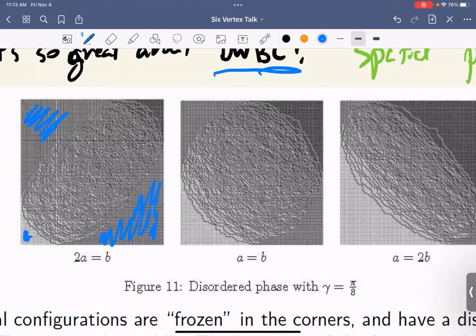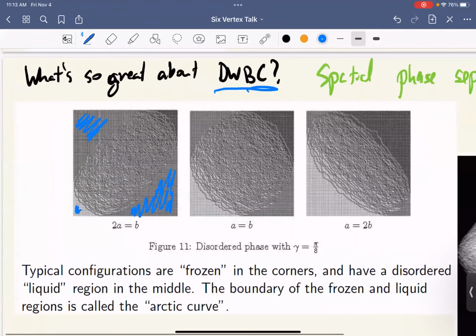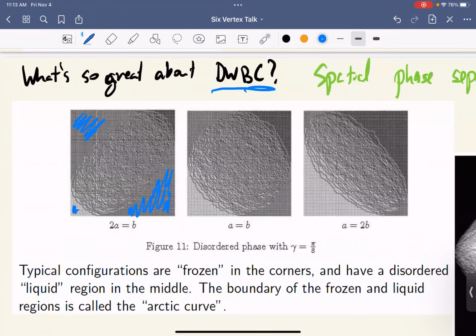So it's overwhelmingly likely that all the vertices in the top left corner are of type, I forget which type is in the top left, the one that looks like that. And it's overwhelmingly likely that all the vertices in the bottom right are going to look like that.